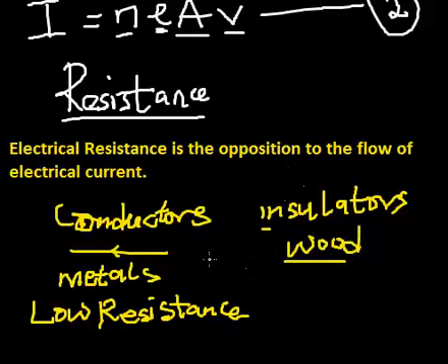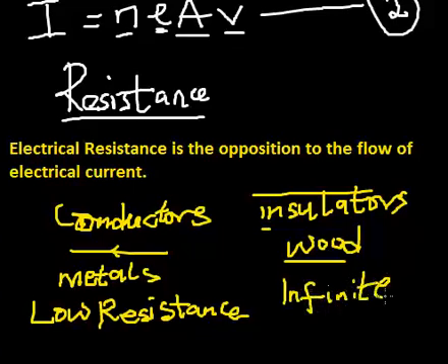If you connect current to wood, it can never flow through wood. Why? Because this material offers the current very high resistance, up to infinite resistance.